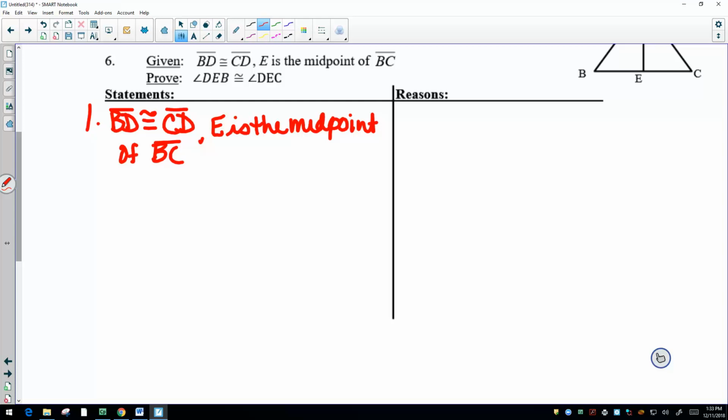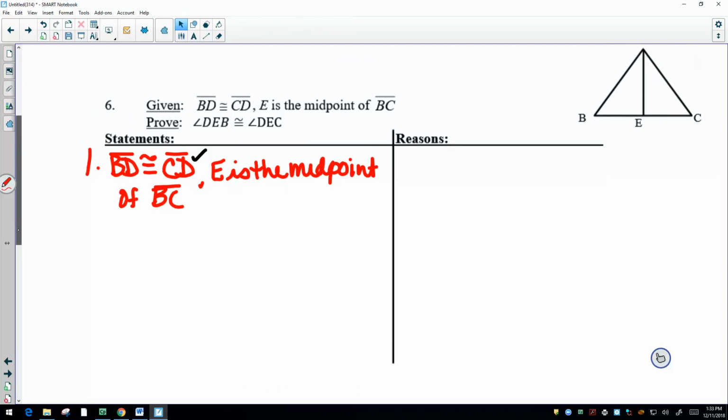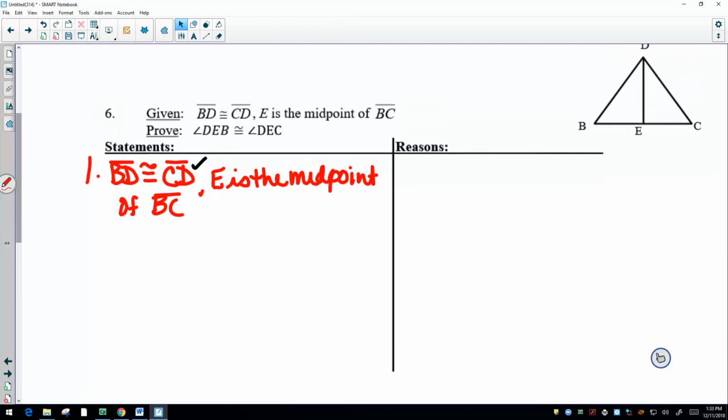Only one of them is a congruence statement, so that means we need to find two more. But I am going to go over to my picture and I'm going to mark it so I know that BD is congruent to CD. And I'm also noticing I'm not proving triangles congruent, rather I'm proving angles. Well, that's okay. Same train of thought. Let's get our triangles congruent first, and then we can prove our parts congruent.